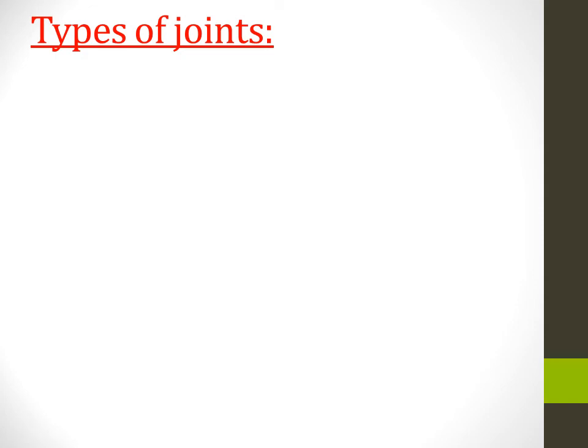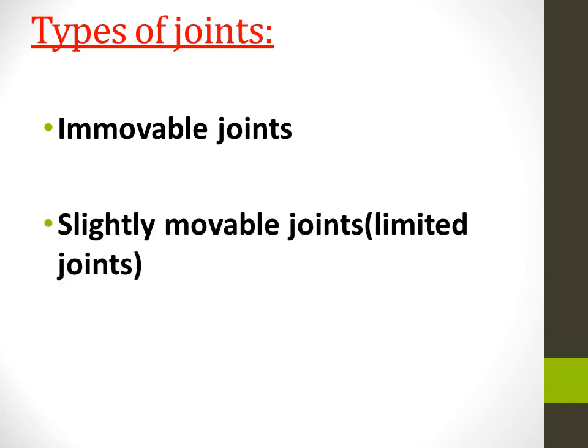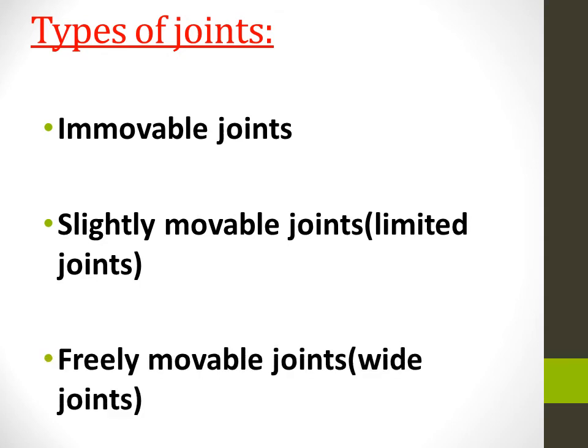What are the types of joints? Immovable, slightly movable, and freely movable, or wide, joints.